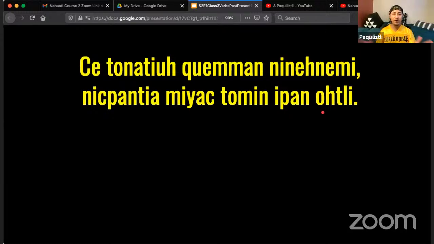It's very broad. It could mean road, it could mean a path or the way on your way to walking to something. It's ambiguous in Nahuatl, but it could also mean road. Yes. So overall, this means one day, setonati keman, when, ninehnemi, I am walking, nihpantia, I find, unexpectedly, miaktomin, a lot of money, ihpanotli, on the road, on the path, on the way.